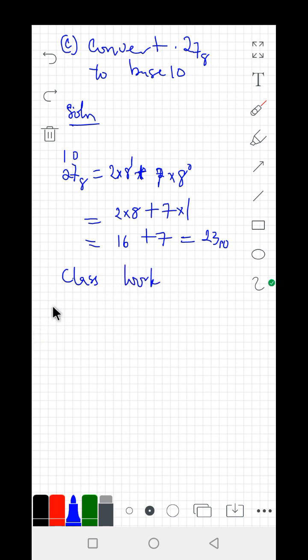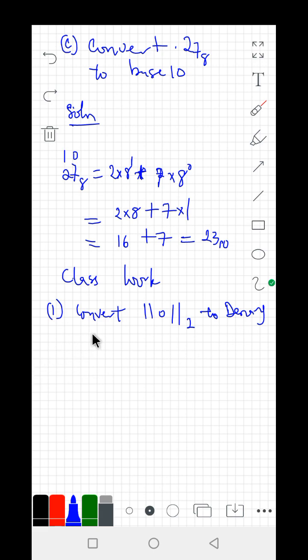Classwork, convert 11011 base 2 to denary.